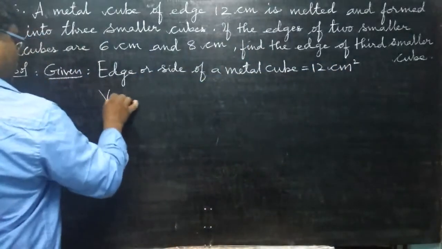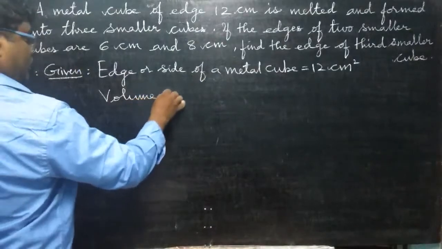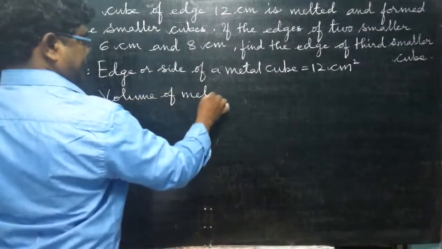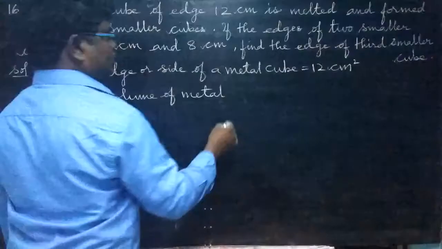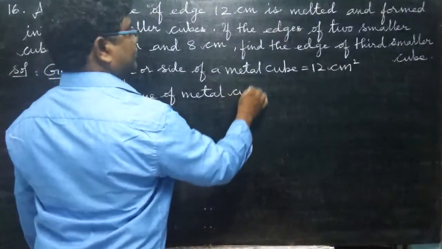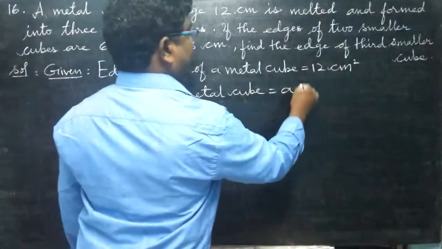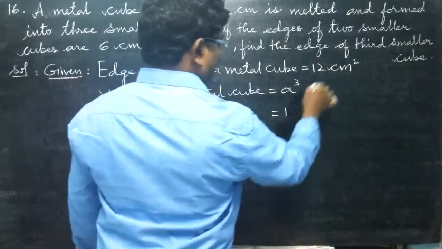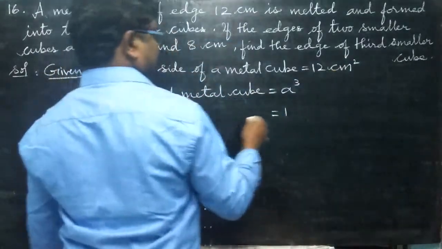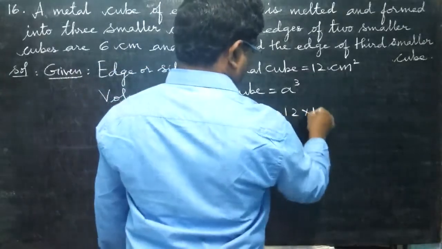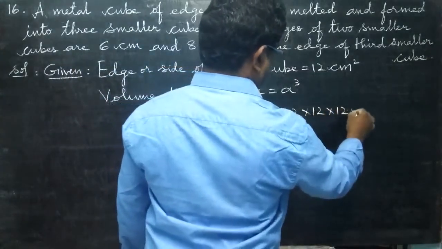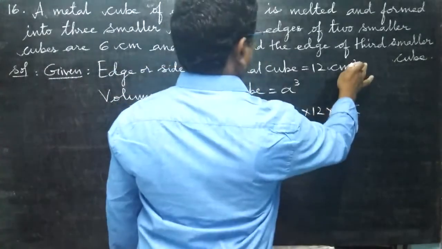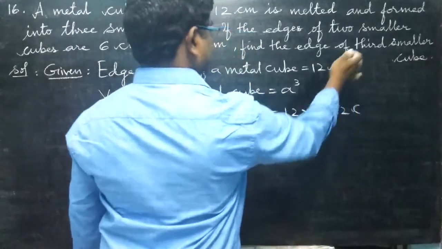Now volume of metal cube is equal to a cube, this is a, 12 into 12 into 12. Here it is not centimeter square, only centimeters.